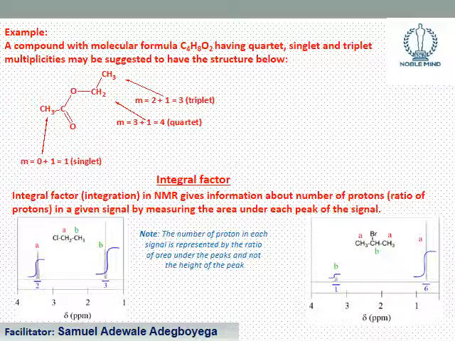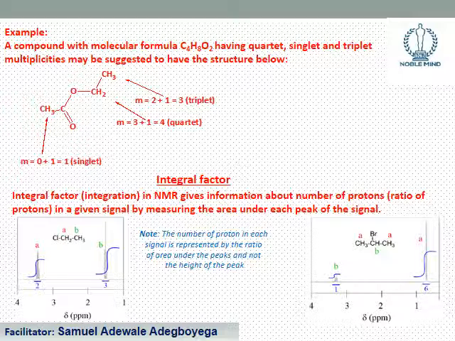Let's check the other spectrum. You could see you have 3 environments there. I mean 3 carbon atoms, which when you check it properly gives 2 environments, environment A and environment B. In that sense, environment A has 3 protons.